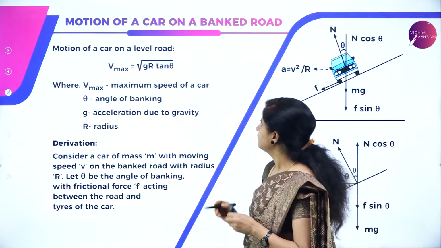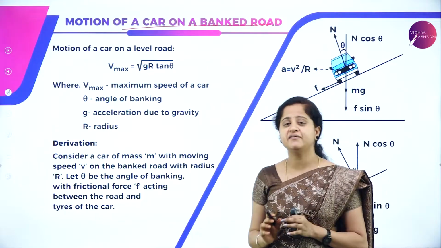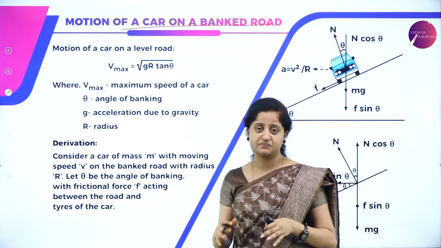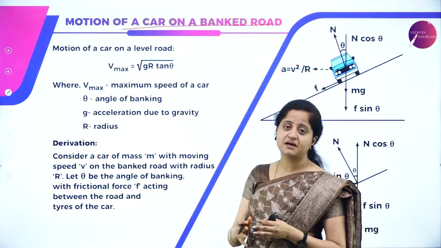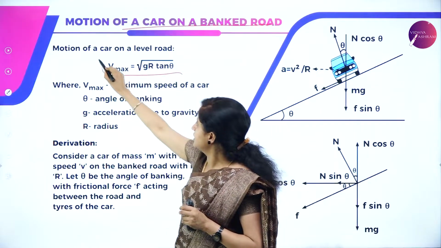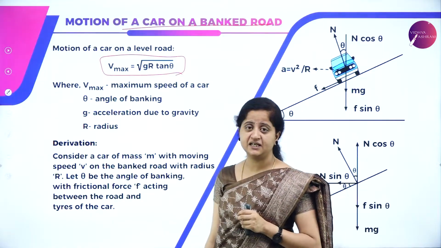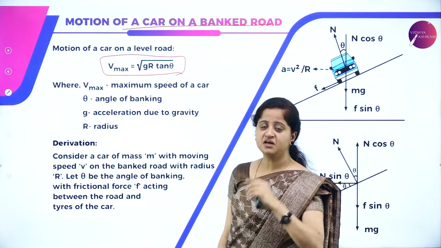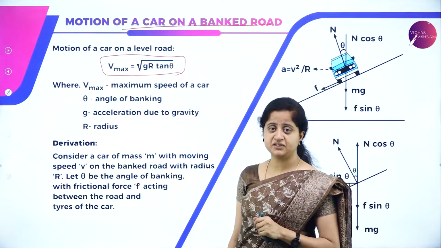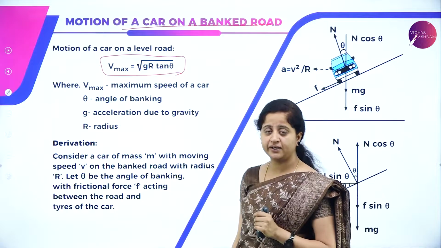So let us now study the motion of a car on a banked road. Let us derive an expression for the maximum safest speed for a vehicle traveling on a banked road. Here we know that for a level road, Vmax is equal to root of mu s r g. Let us now derive the maximum safest speed for a vehicle traveling in a circular path on a banked road.